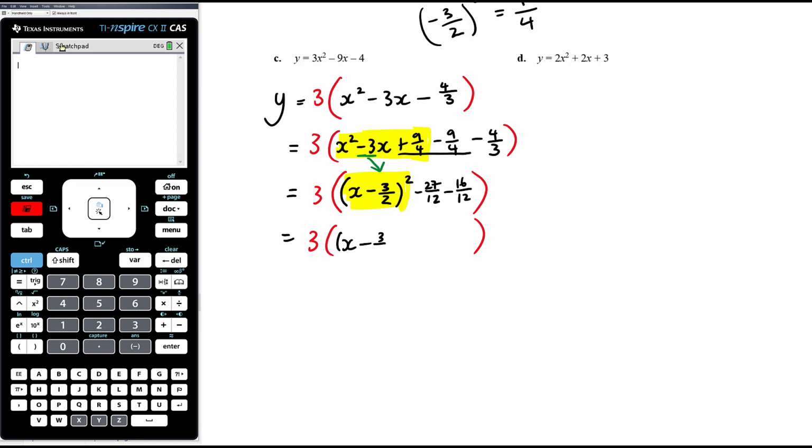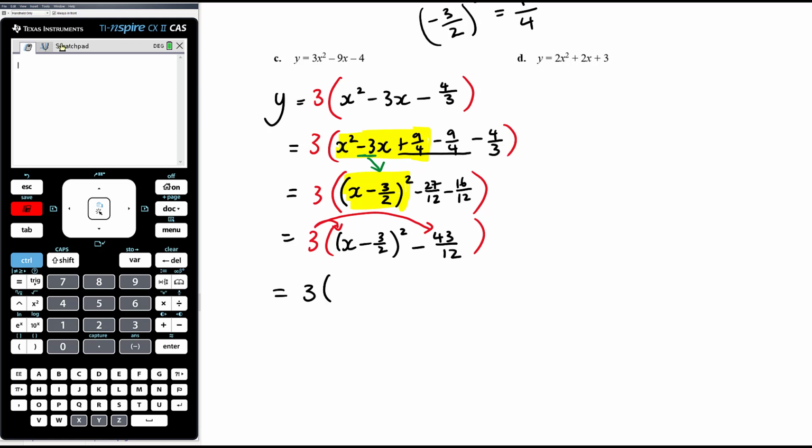So we're going to have x minus 3 on 2 all squared, minus 27 minus 16, that's going to be minus 43 on 12. Now we're ready to multiply our 3 back in, so it's going to be 3 times that perfect square and 3 times 43 on 12. And this is where if you accidentally drop the brackets of the previous line, you'll have the wrong value here because you need to multiply by 3 again.